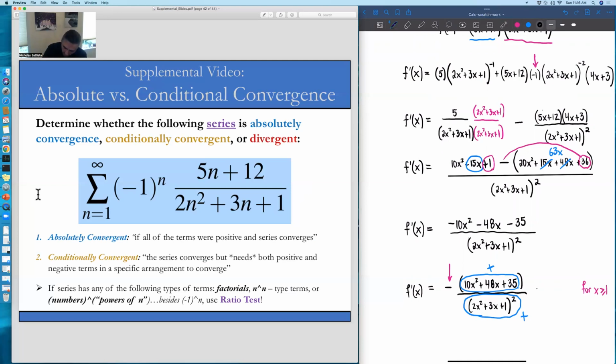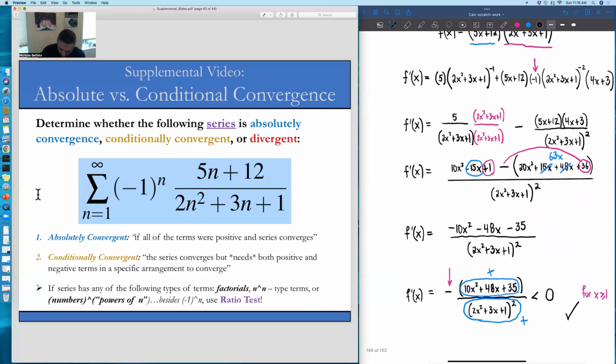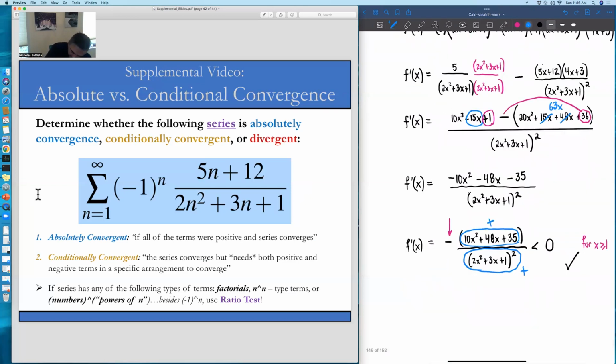So this derivative is indeed less than 0 for x values greater than or equal to 1. So the second criteria for alternating series test is finally satisfied, and we've shown this. So by alternating series test, we show that our series is convergent.